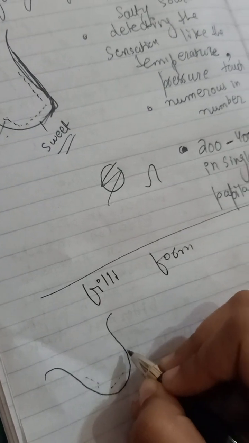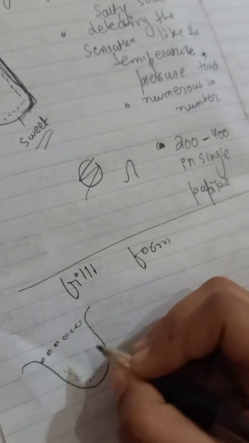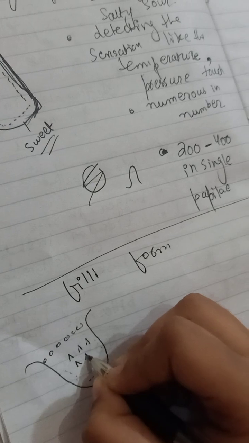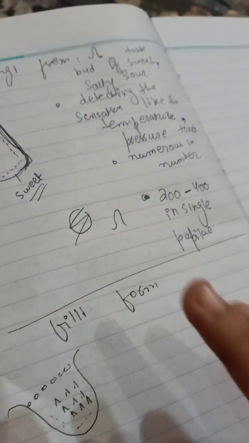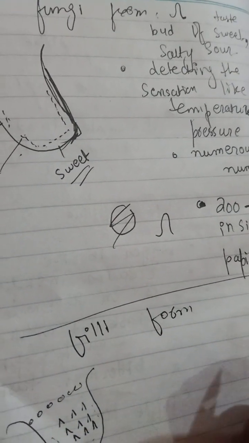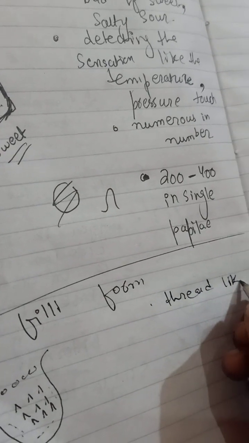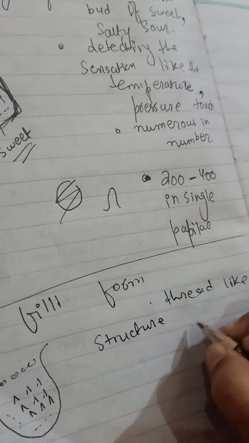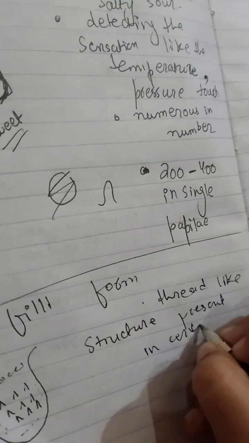They are the fungiform, they are the circumvallate, and here you can see that in the center of the tongue there is a filiform present, okay. In the center there is a thread-like structure.